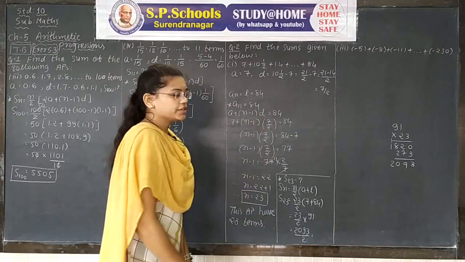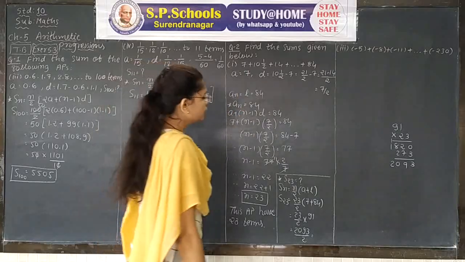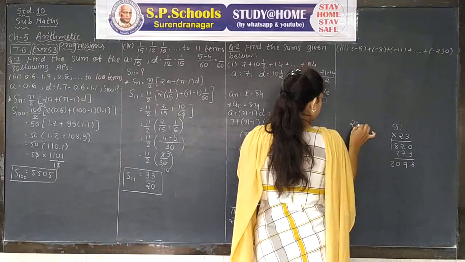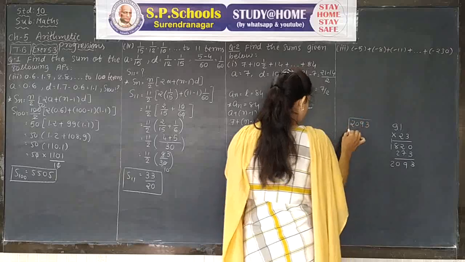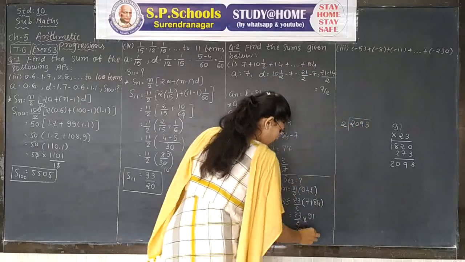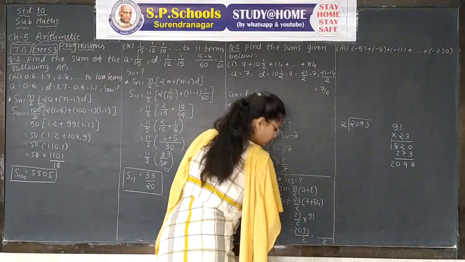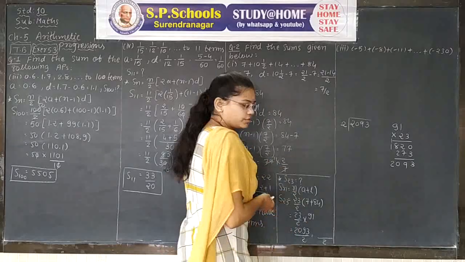Convert it into a mixed fraction because the terms are given in the form of fractions. To convert it into a mixed fraction, divide 2093 by 2. Here the 2 remains as it is, and in the numerator we put our remainder.